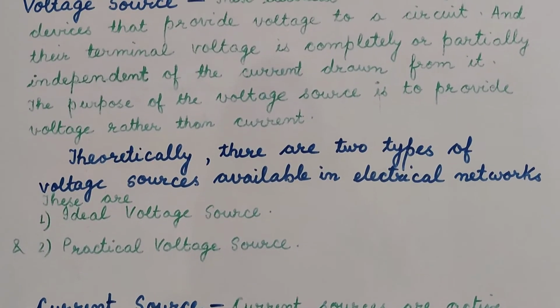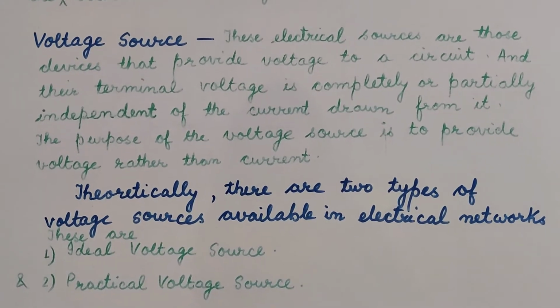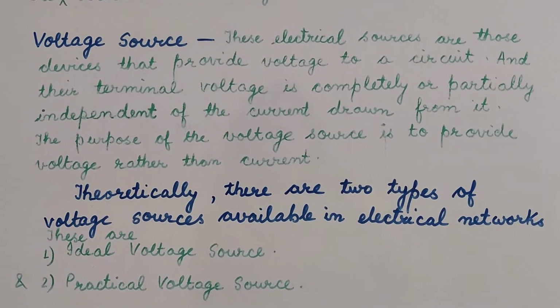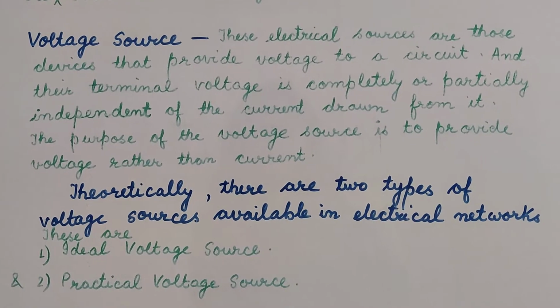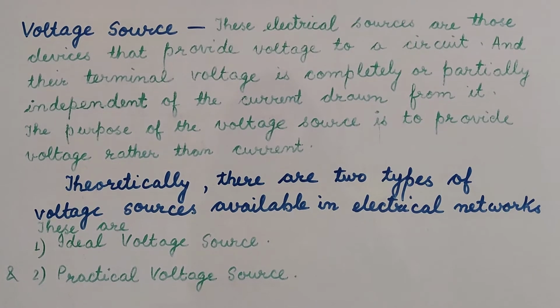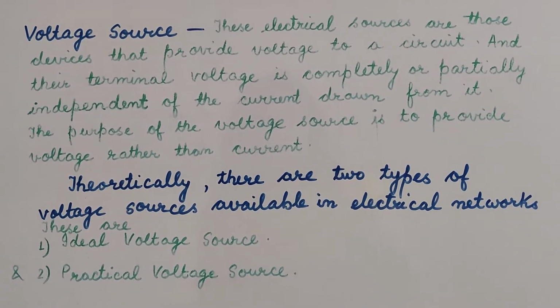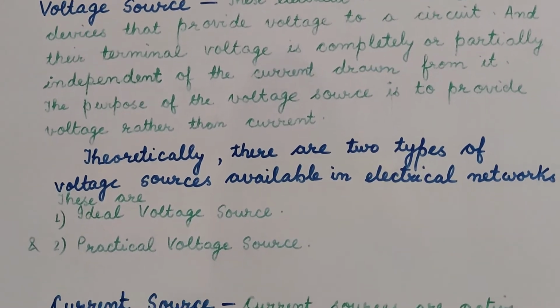The practical voltage sources are also called real voltage sources. So we can say that in practice, no sources are ideal. That is, there is no source which can be called an ideal voltage source.